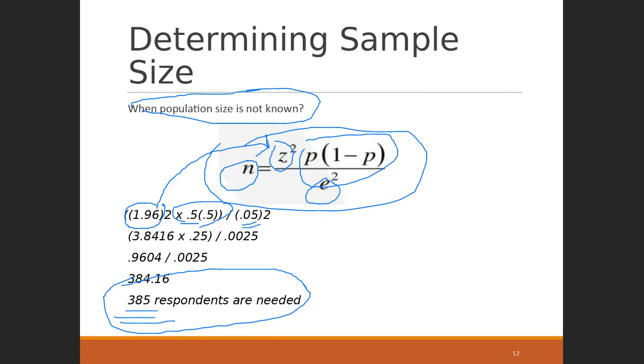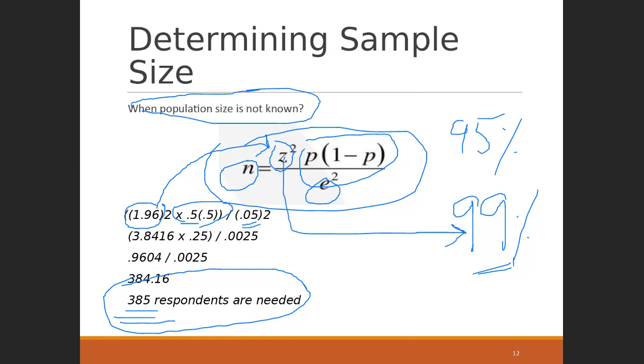Now this was a mathematical figure for 95% confidence interval. Suppose you want to be 99% confident. This changes your mathematical figures because the Z value for 99% is 2.58. So you take the square of 2.58 and then you multiply this.